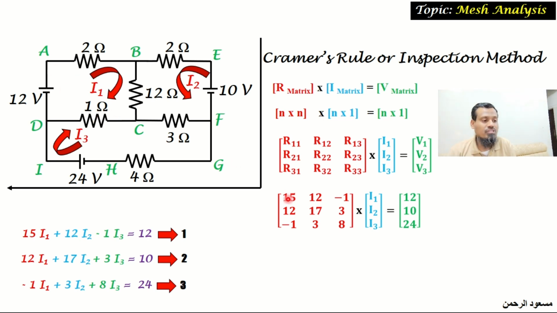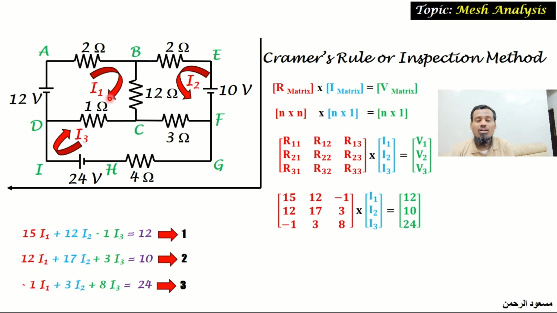Why the sign is positive means I1 and I2 are going in the same direction, so it is positive. So plus 12. And R13, the common resistance available between the first and third loop, it is 1 ohm. So it is written as minus 1 because the current direction says that I1 is opposite to I3. So since these two currents are opposite, we are writing it as a negative term, minus 1.